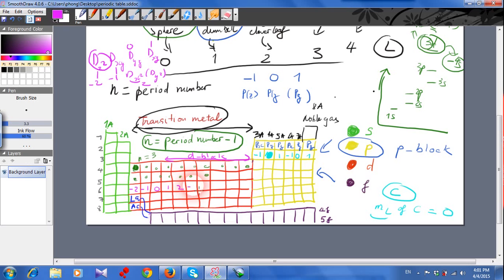And again, -2, -1, 0, 1, 2. So if you have an element in this position, we directly have the ML number, which is 1 here, and that's for transition metals.